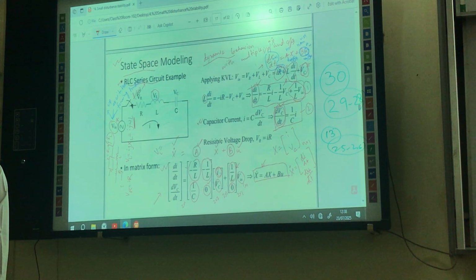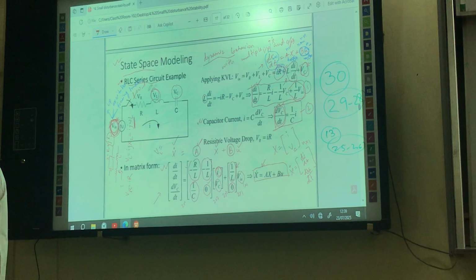Let's say at time t equals 0, the switch is closed. So now the current is flowing, the system is working. Now there will be some charge inside this. Now if you remove this input, can this system work? It can work now, right? Because there is enough stored charge inside this L and C. So we can say that without this forcing function or excitation, our system can also work, right?